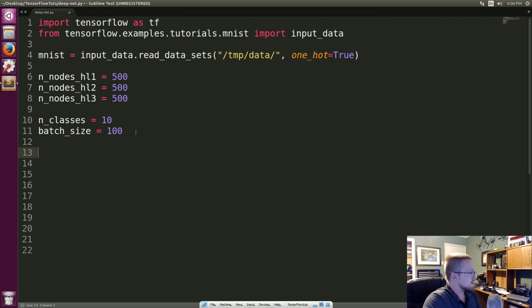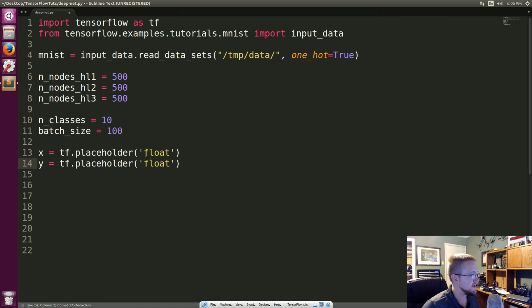So now we're going to define a couple placeholder variables. x is going to be tf.placeholder, and it's going to be a float. And then we're going to define y as the same thing. One thing I will note is it's not necessary, but you can define their shapes.